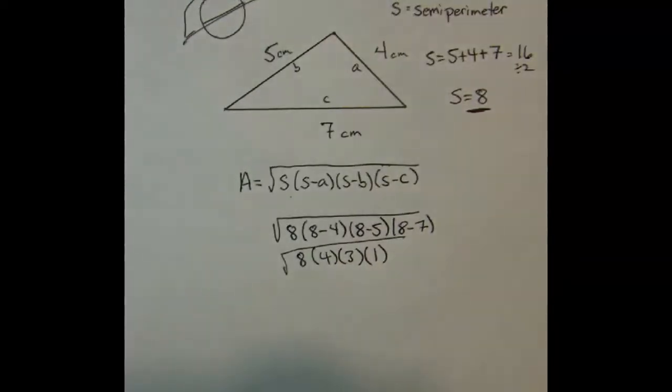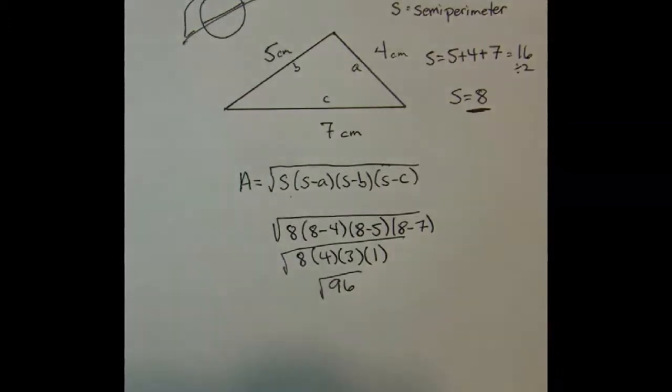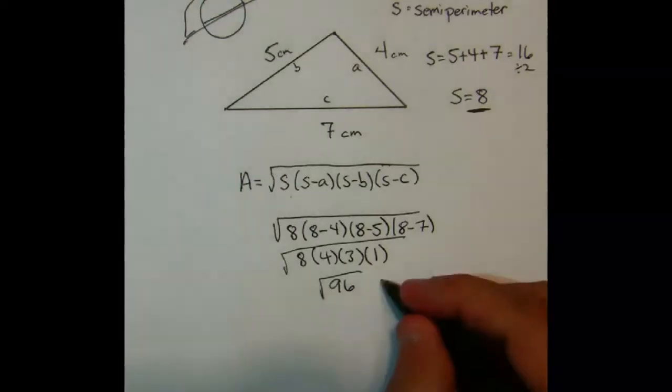Now just take your calculator, put in 8 times 4 times 3 times 1, you get 96. However, we need to take the square root of that. Take your calculator, take the square root of 96, and you get 9.79, or approximately 9.8.